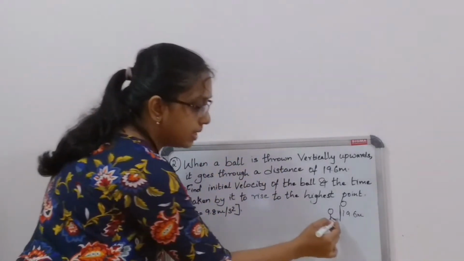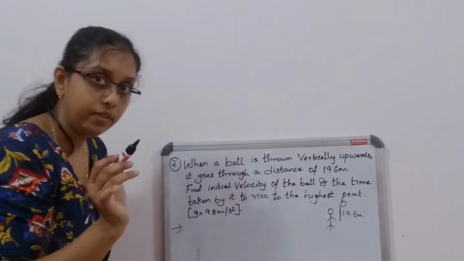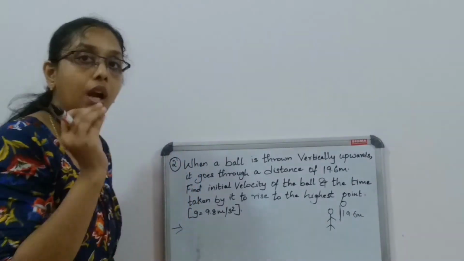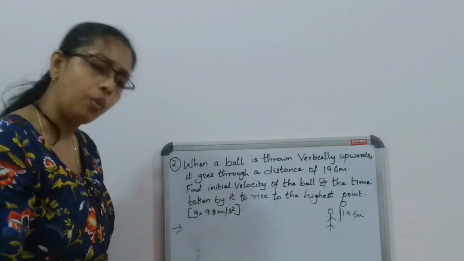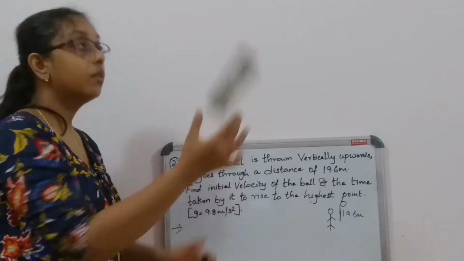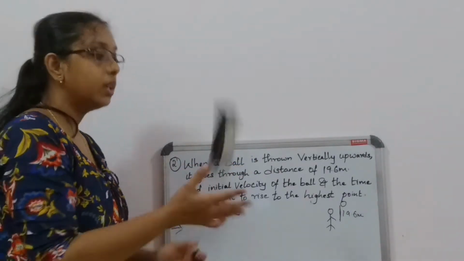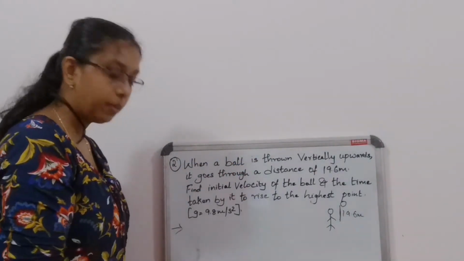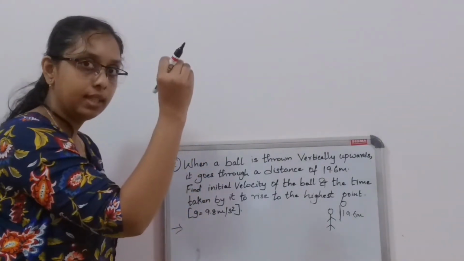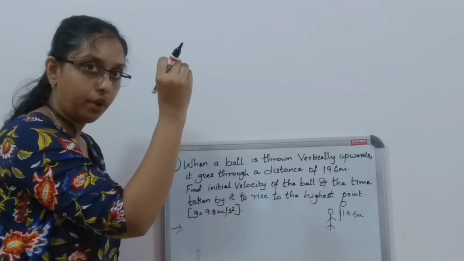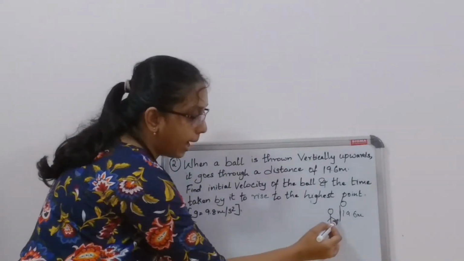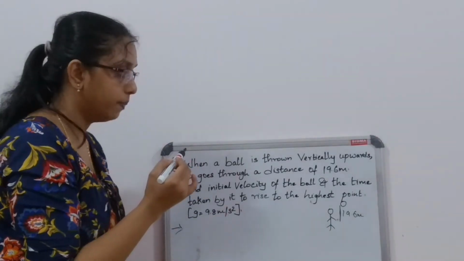So what happens here is, due to gravity, what happens if we throw something upward, not only a ball, whatever things we throw upward? I am throwing my duster. The duster went through a distance to the highest point and then came back to my hand. Same way, the man throws a ball upward.